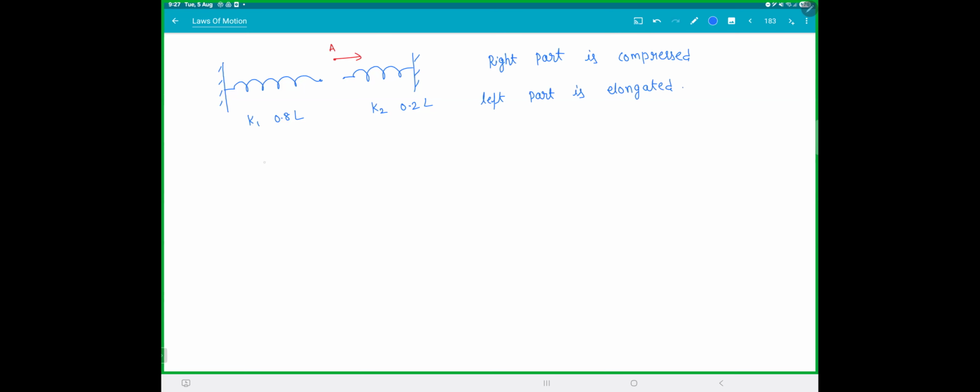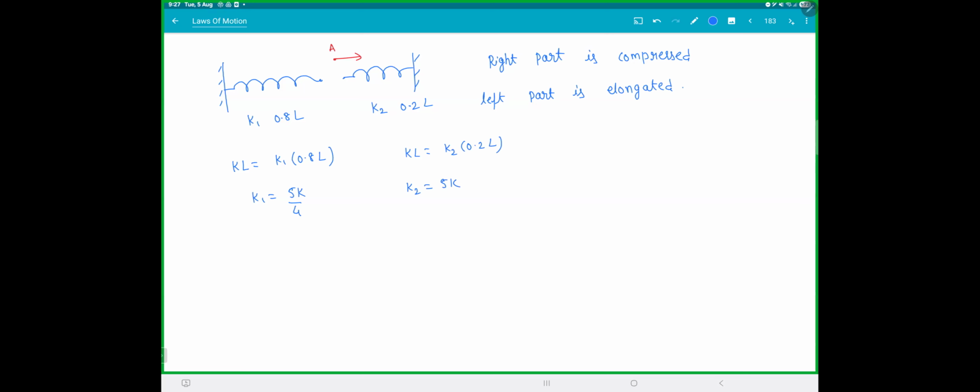And we know K into L is constant. So K into L will be K1 into 0.8 L. So the left spring will behave like how much? That is 5K by 4. K into L is K2 into 0.2 L, so K2 will be 5K.